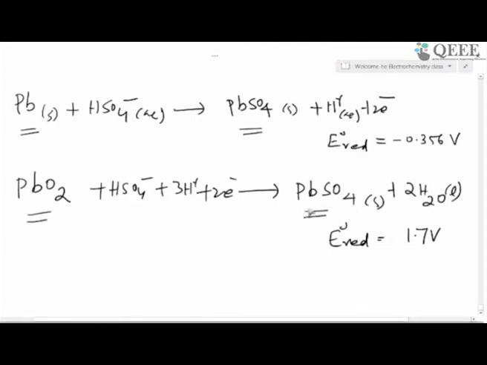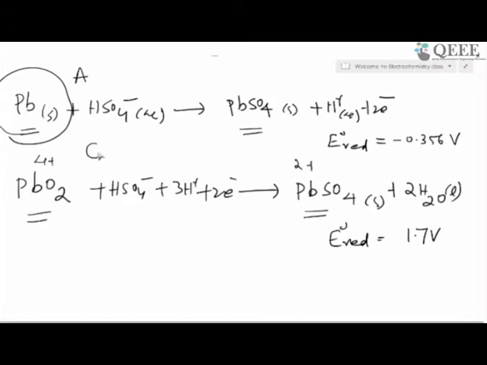So when I discharge, this acts like my anode because this is undergoing oxidation, because lead is in 0 state and lead sulfate is in lead 2 plus state. Similarly, here lead is in 4 plus state and it goes to 2 plus. So that means this is going to be my anode and this electrode is going to be my cathode when I discharge.